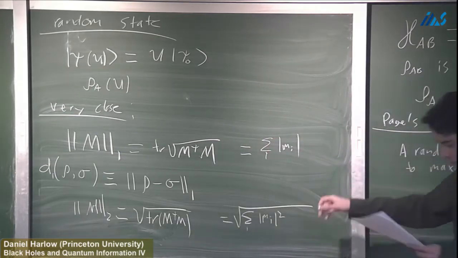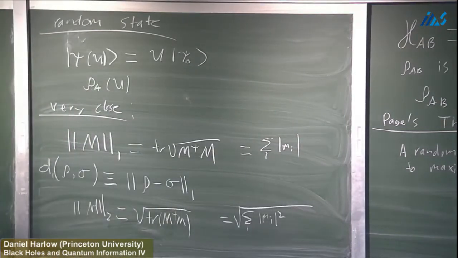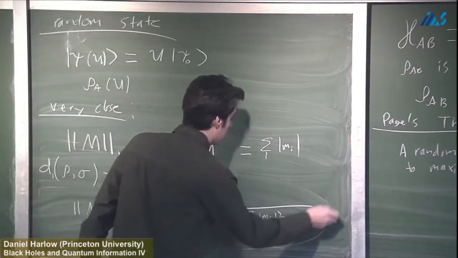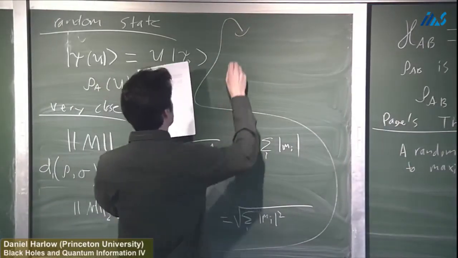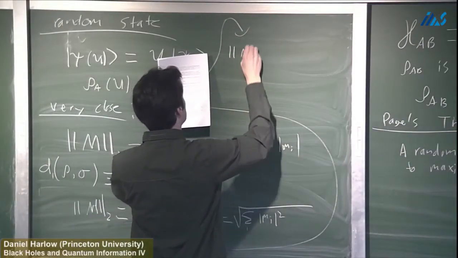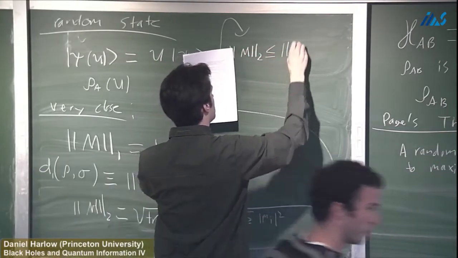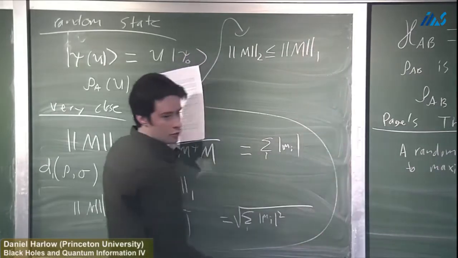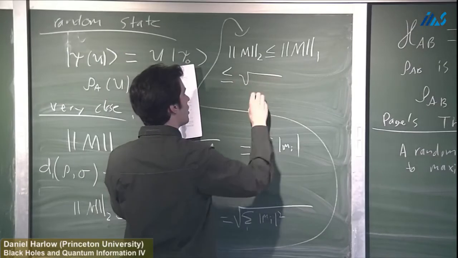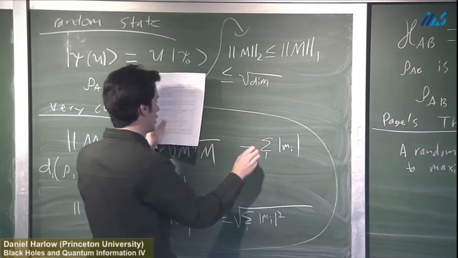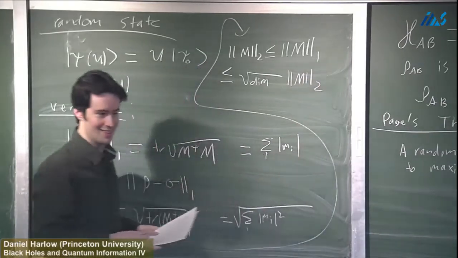These are two different norms, and I'm going to need to use a fact about them, which, if you don't already know it, I told you to prove on the homework: the 2 norm of M is less than or equal to the 1 norm of M, which is then less than or equal to the square root of the dimensionality of the Hilbert space times the 2 norm again.